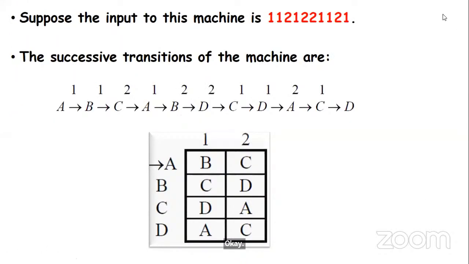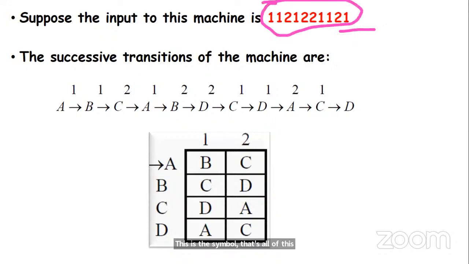Now let's look at this scheme again. Let's suppose the inputs of the machine are these.